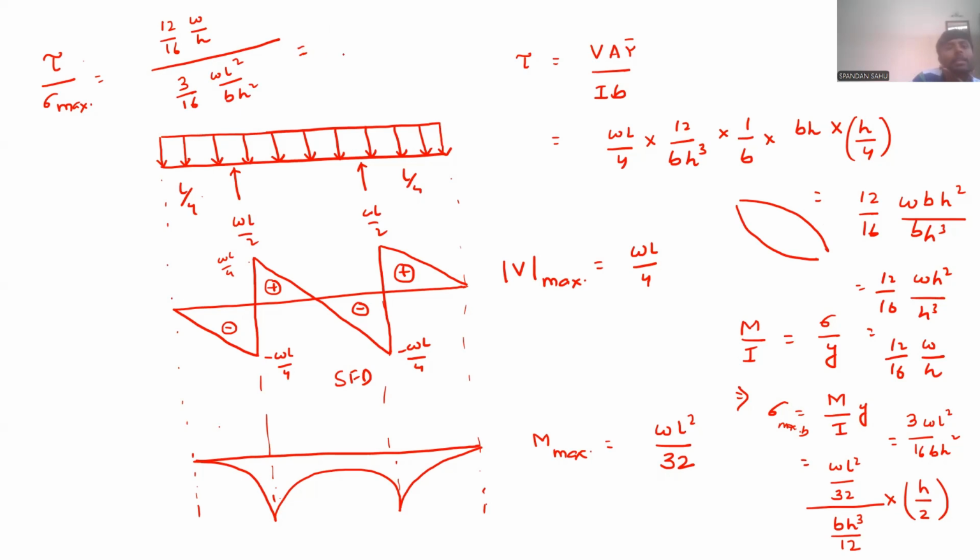So 16 will get cancelled out from both top and bottom. W will get cancelled out.